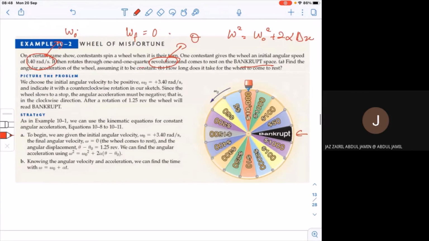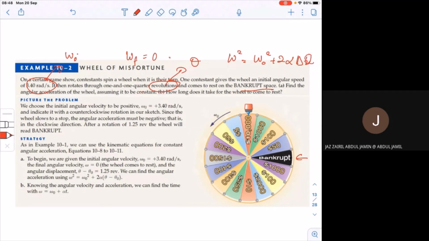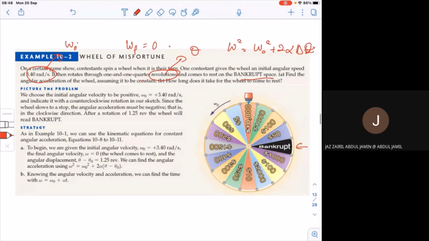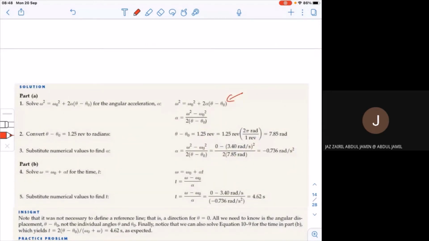Sorry, this one should be delta theta, not delta x. So alpha is omega squared minus omega naught squared divided by 2 delta theta.